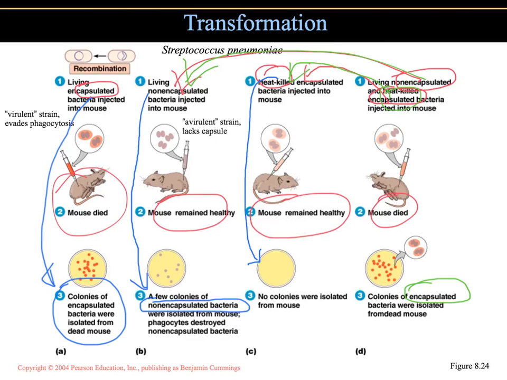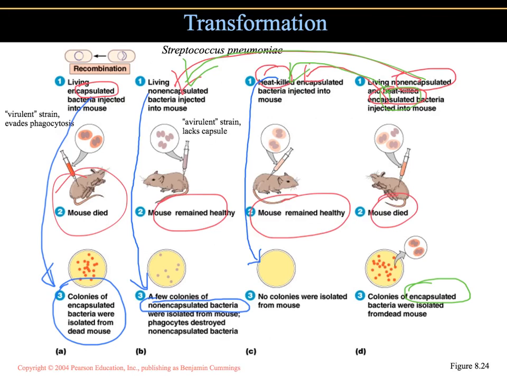So again, somehow the living non-encapsulated bacteria were transformed by the dead encapsulated bacteria. And so these living bacteria acquired the ability to form a capsule and cause disease. And then, of course, it wasn't until much later that other experiments showed that the DNA was the transforming factor in this.